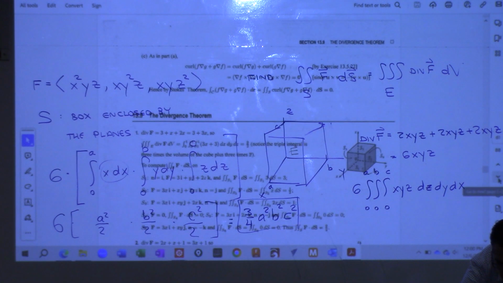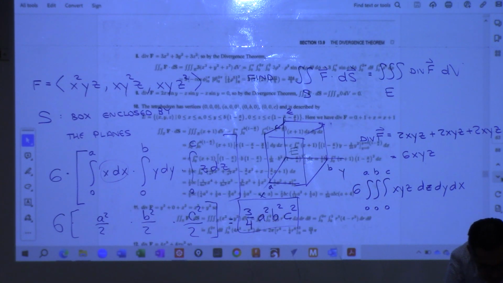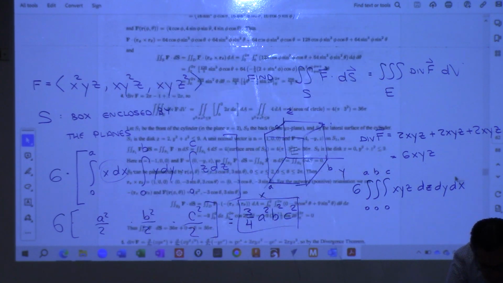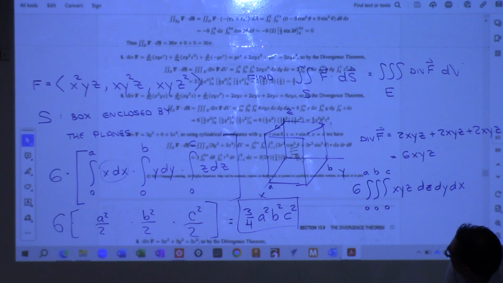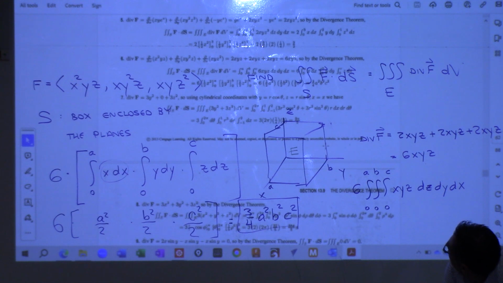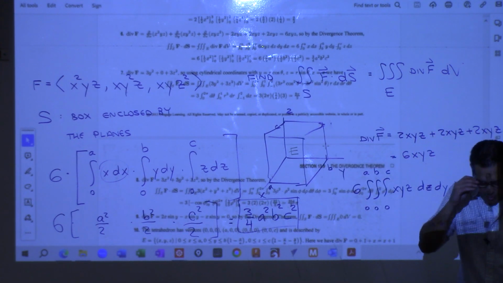This was number 4, I think. No, number 6. Yeah, it's right there. Can you all see that? Right there. That's it. 3/4 a squared, b squared, c squared.